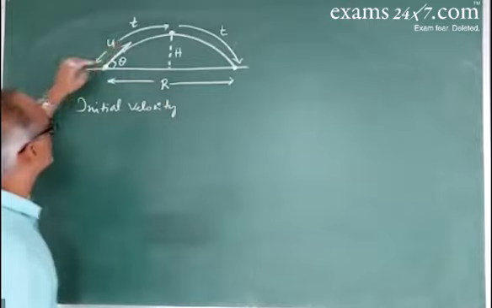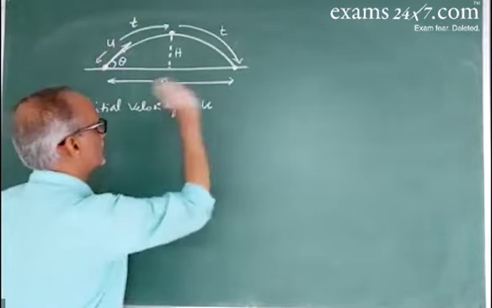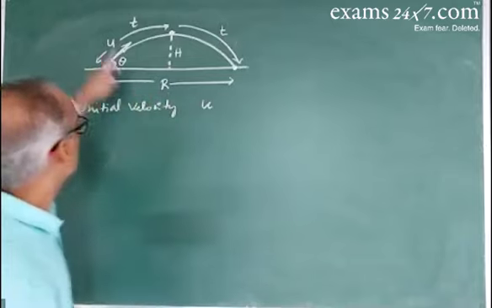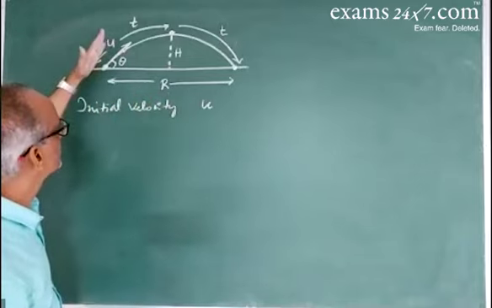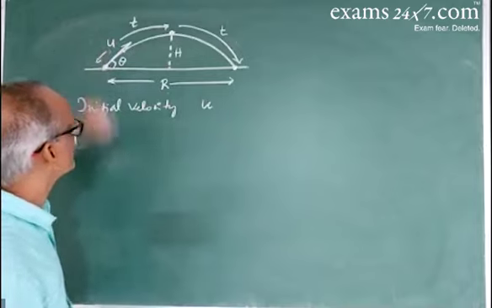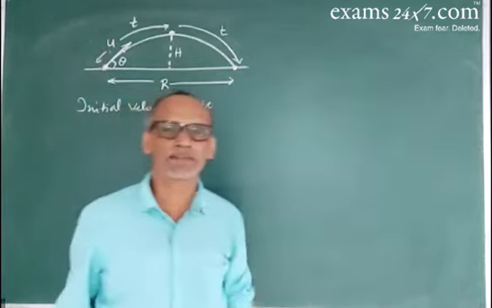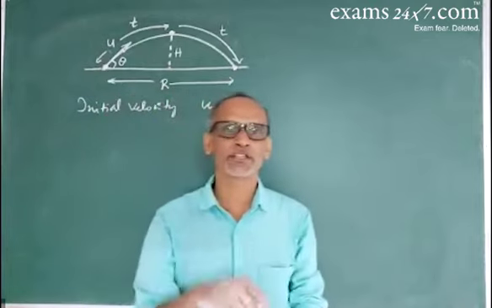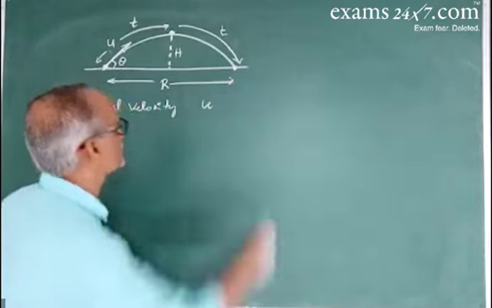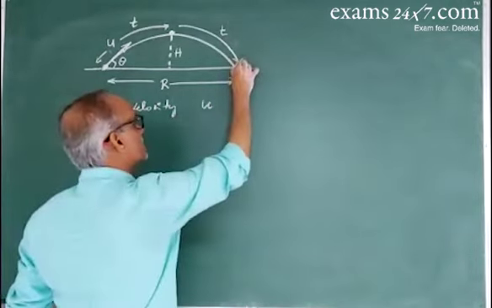The initial velocity of projection is always u, and that makes an angle theta with the horizontal. So if we use the initial velocity of projection, what is the final velocity with which it reaches the same level? Here also it reaches the same point with the same magnitude.